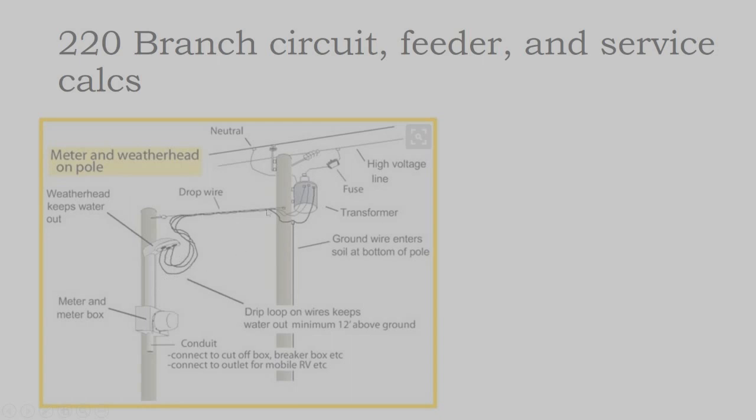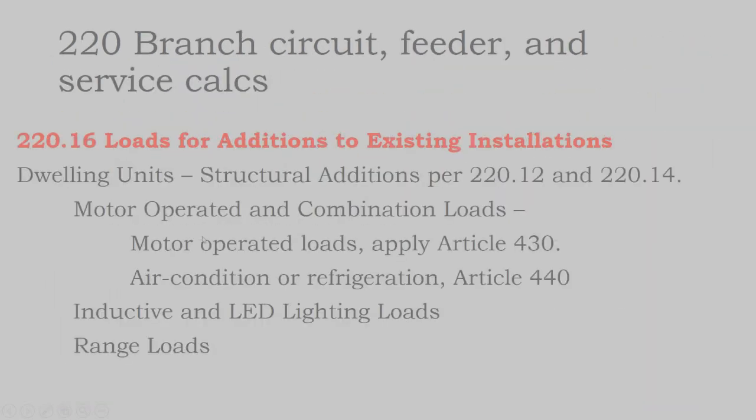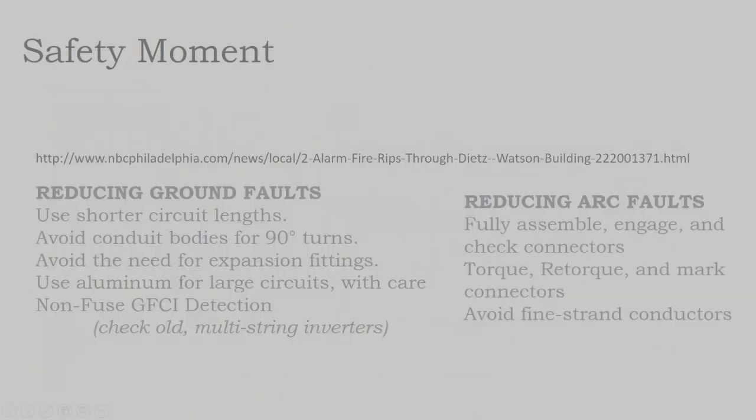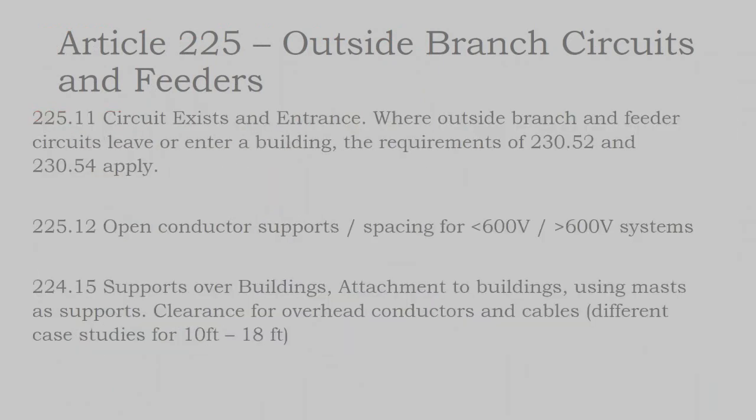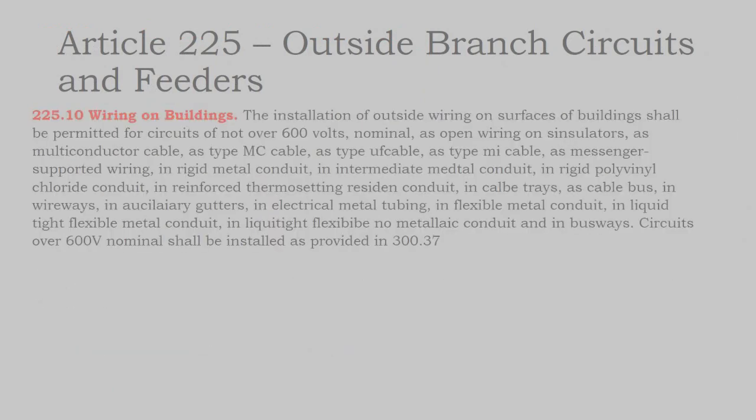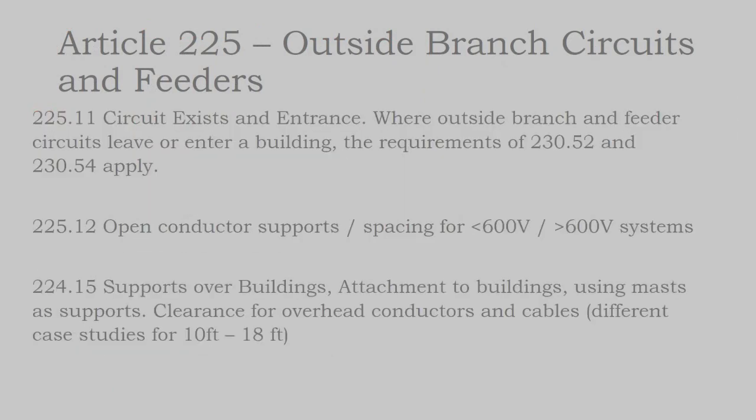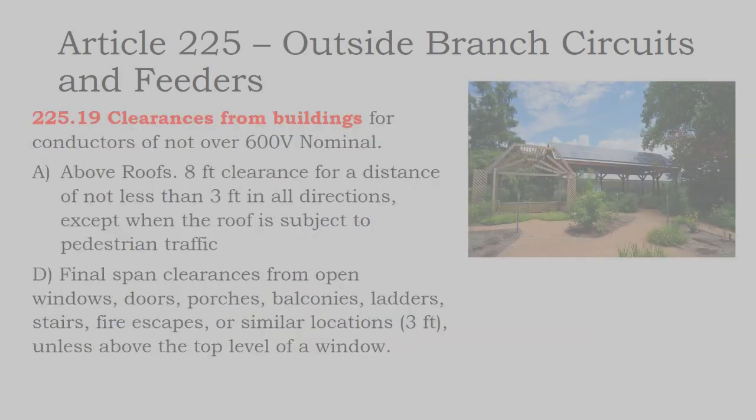And these are overhead wires, so how tall does this need to be? Well, it's right there in the very beginnings of code, where we're still talking about feeder circuits supplying power to a service panel. Often it'll be an 18-foot clearance.